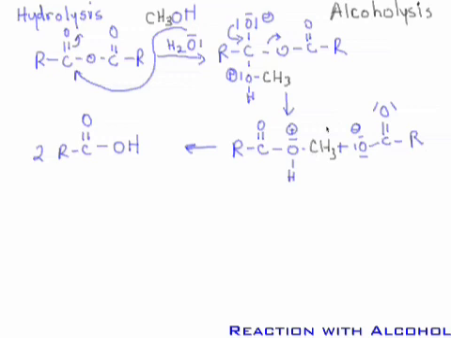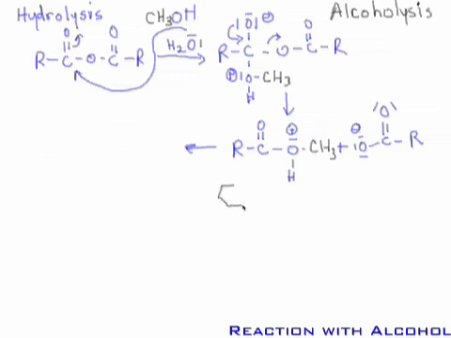Now, because we're forming an ester here, I'm not worried about deprotonating. We often throw in a base to help drive this reaction. And the base we throw in is pyridine.